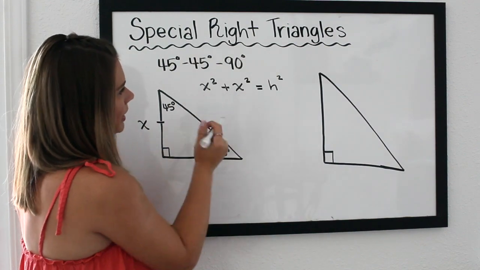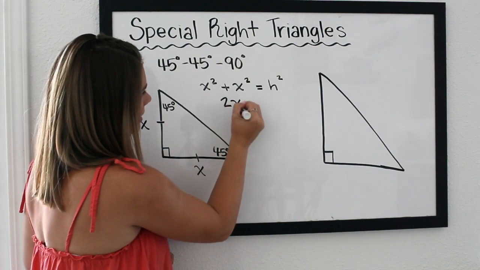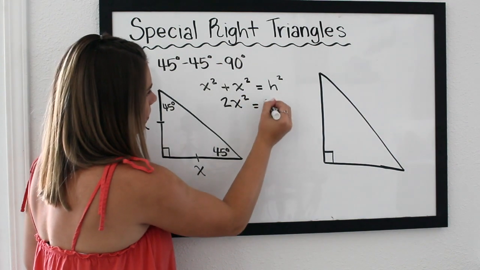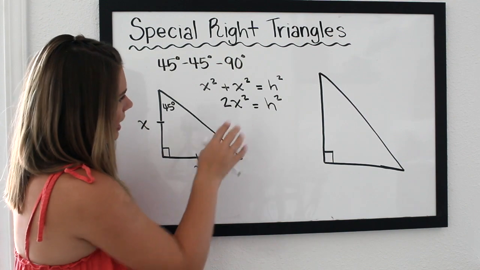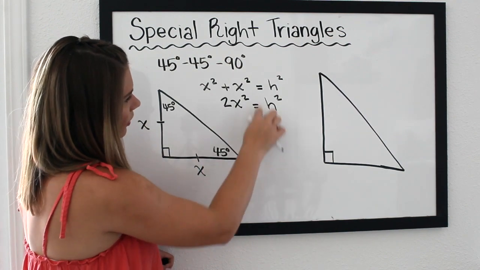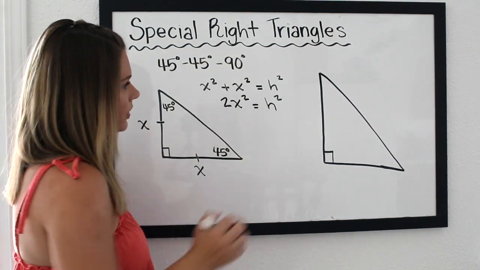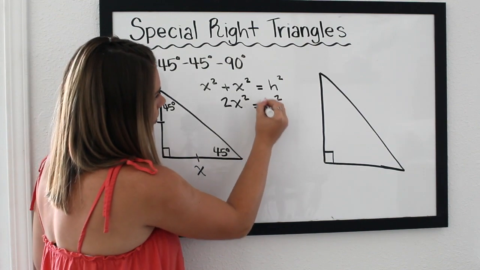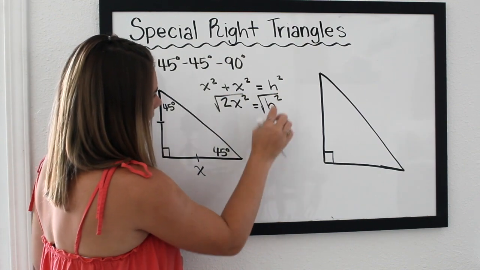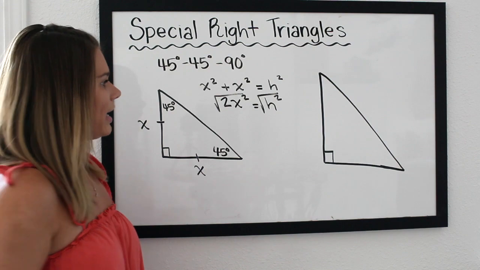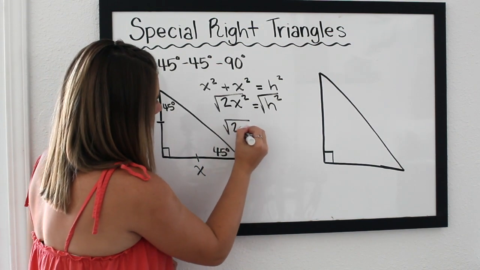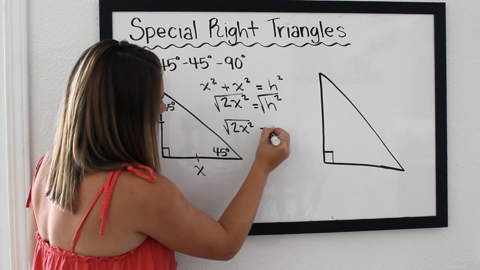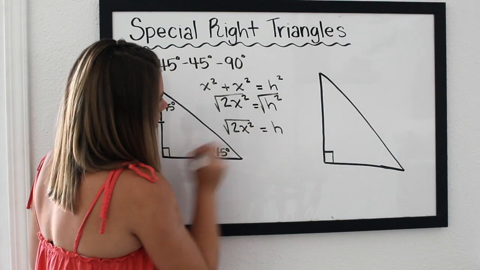So x squared plus x squared is 2x squared, which equals my hypotenuse squared. Okay. And note, I'm going to try to solve for h, which is my hypotenuse. So I'm going to take the square root of both sides to get that h by itself. And so then I end up with the square root of 2x squared, which is equal to just h.